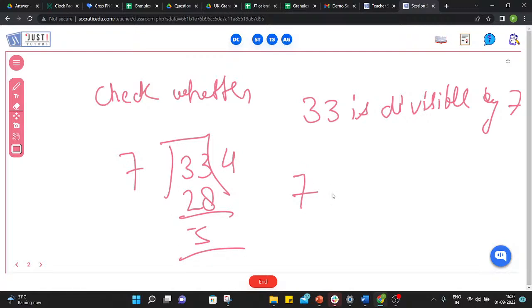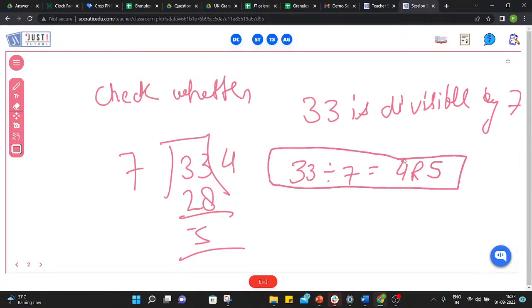So the answer of this one is 4 remainder 5. 4 remainder 5 means it is not divisible. So 33 is not divisible by 7. Okay, let me check another one.